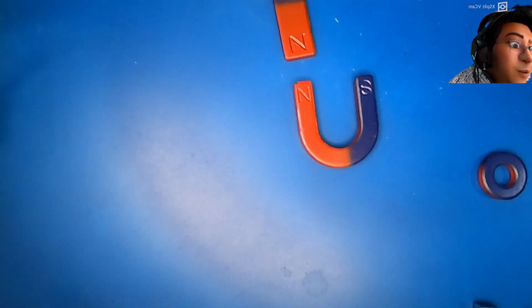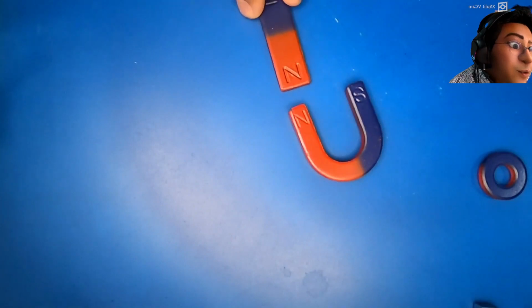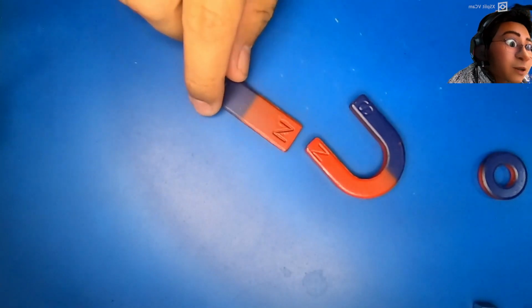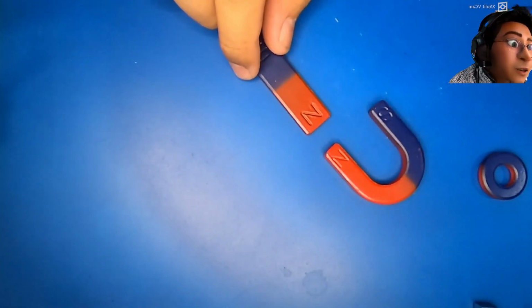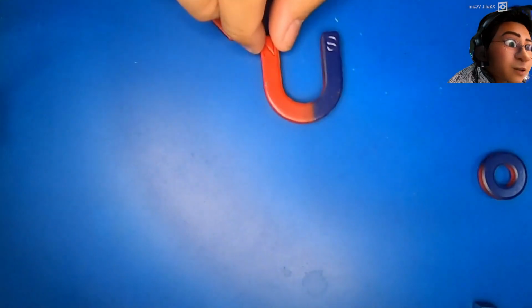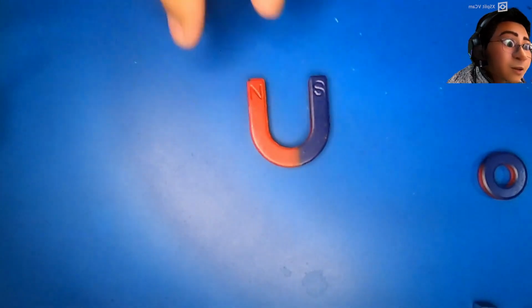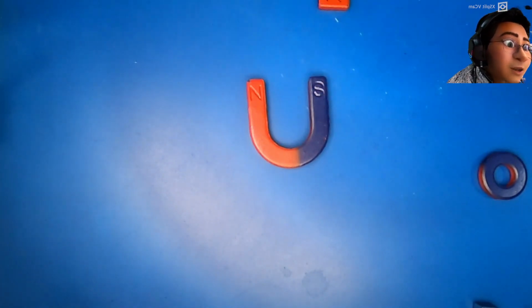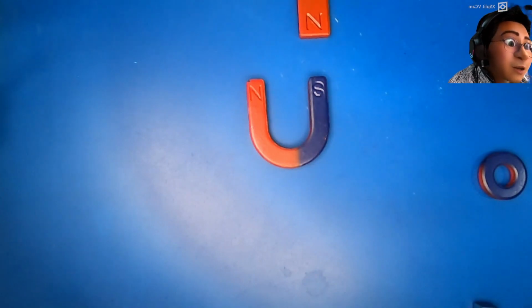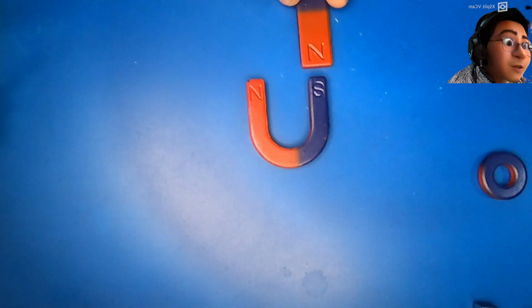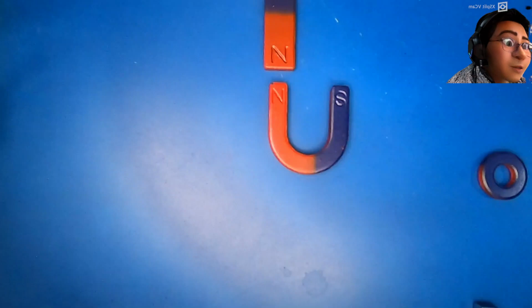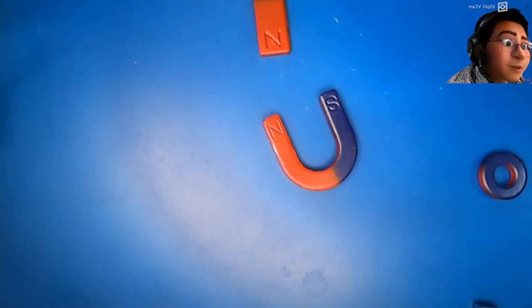And like poles push each other away. They don't like each other. N and S, unlike poles, attract each other. This repels. This attracts.